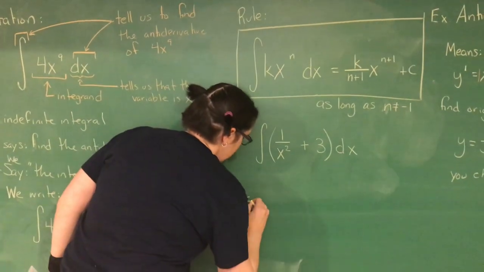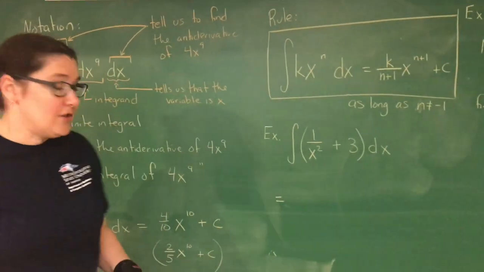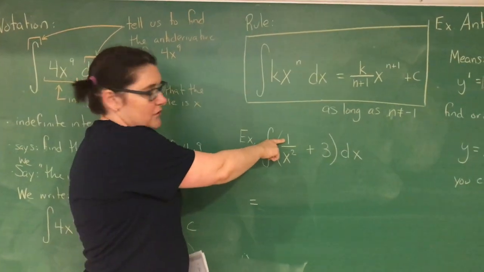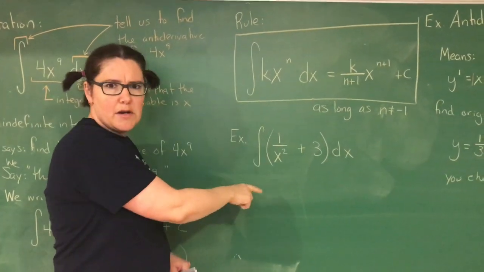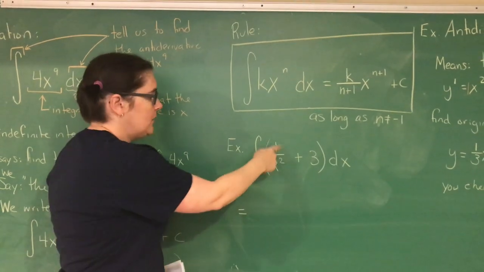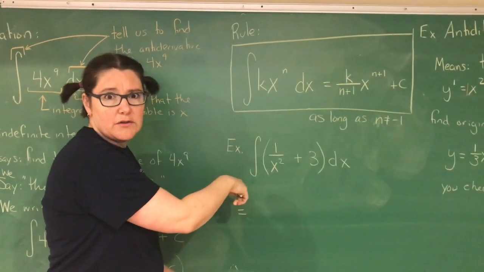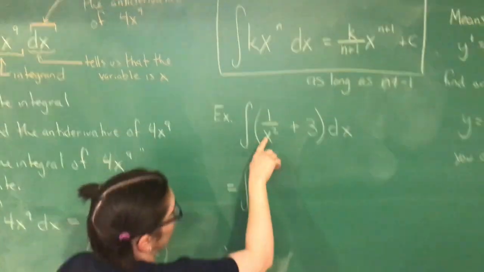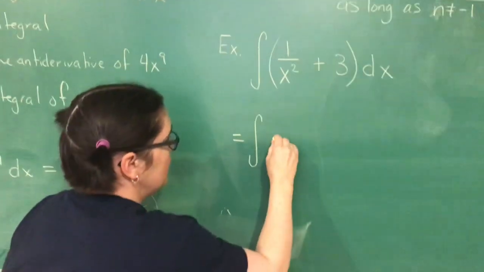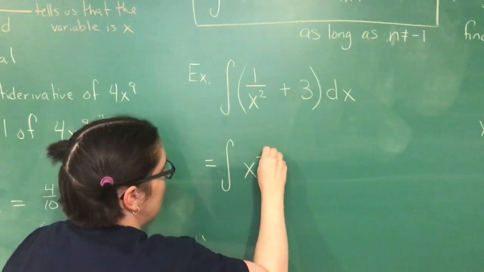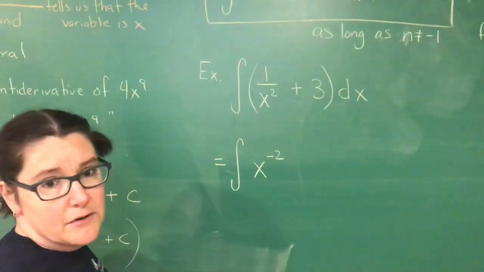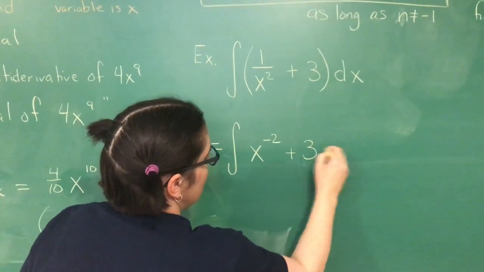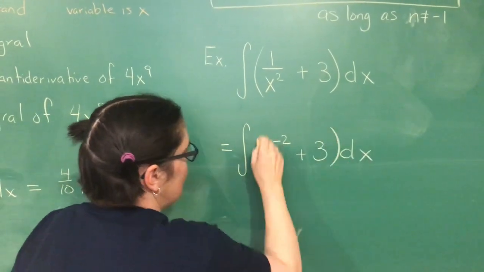Now, just like with derivatives, some of the strategies that we use with derivatives will work here. For example, when we take a derivative of 1 over x squared, before we take the derivative, we first rewrite 1 over x squared. So I'm going to do that here as well. When I rewrite 1 over x squared, the price I pay is a negative on the power. So 1 over x squared is the same as x to the -2. And then I have a plus 3 and a dx at the end.